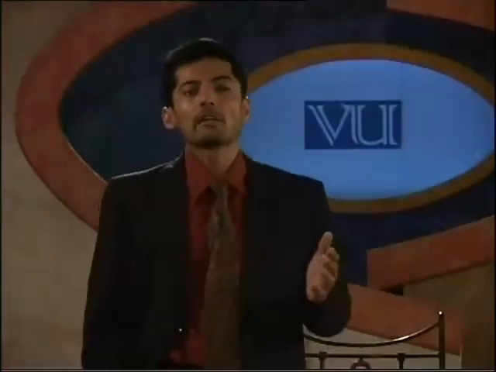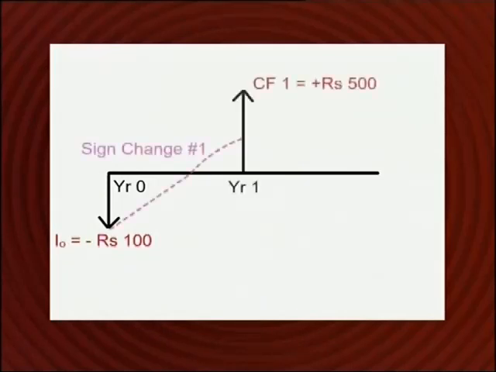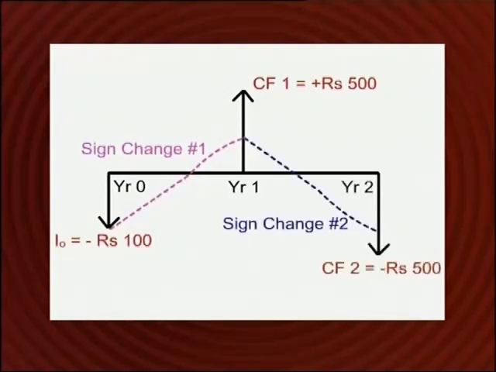Now, when you take a look at the cash flow diagram for this particular investment opportunity, you will see a downward pointing arrow at the present point in time, which is minus 100 rupees. Then you will see an upward pointing arrow at the end of the first year, which will show 500 rupees. And then you will show a downward pointing arrow in the third year, showing the net cash loss of 500 rupees.